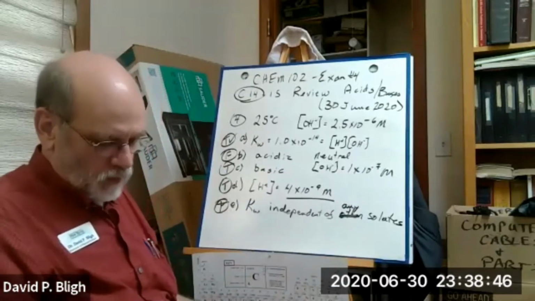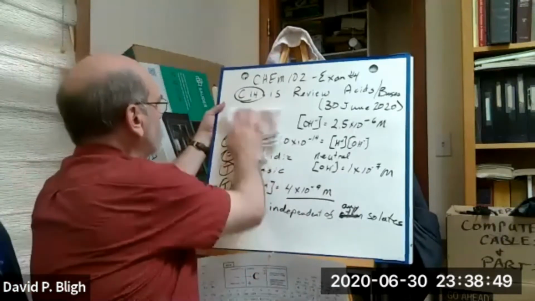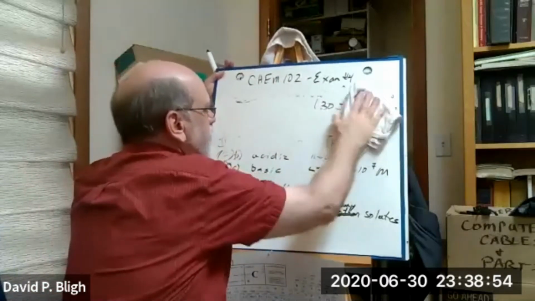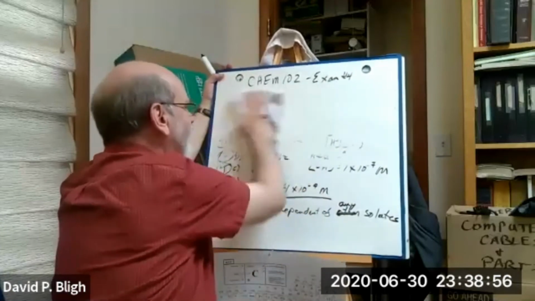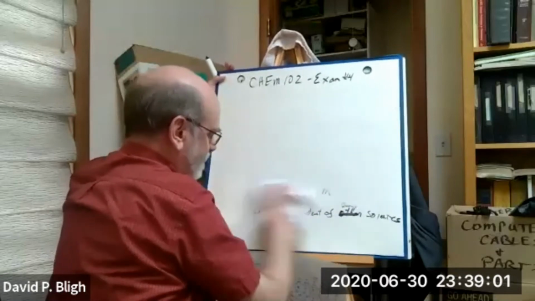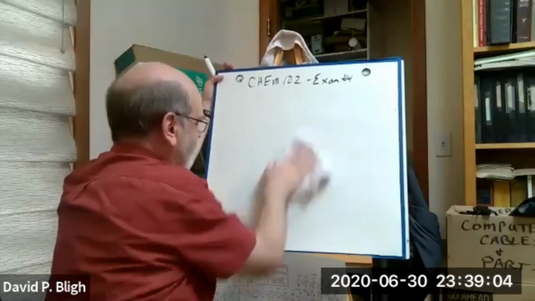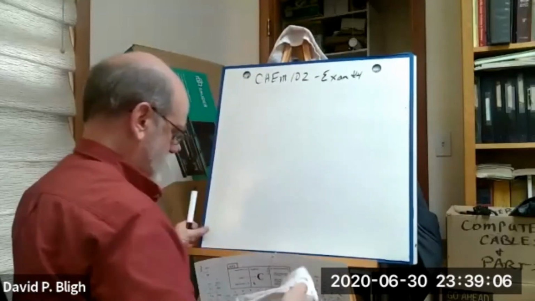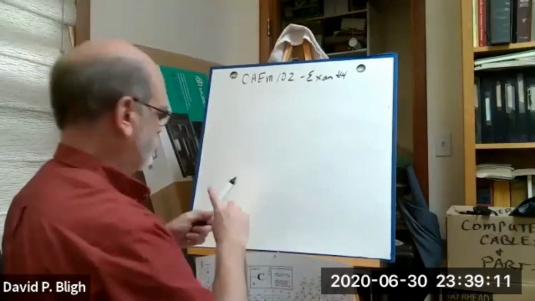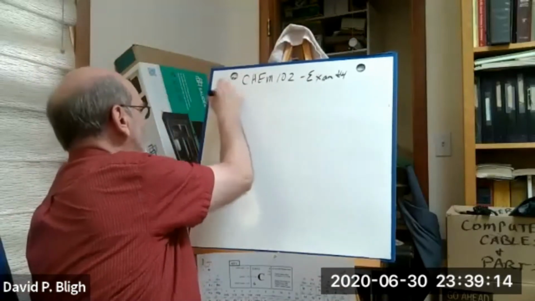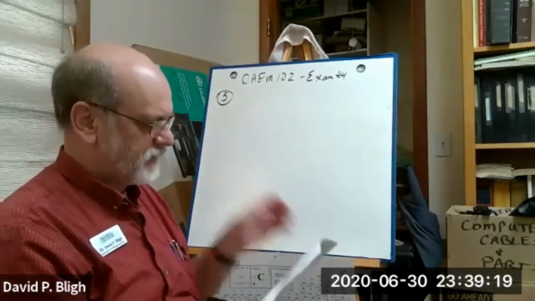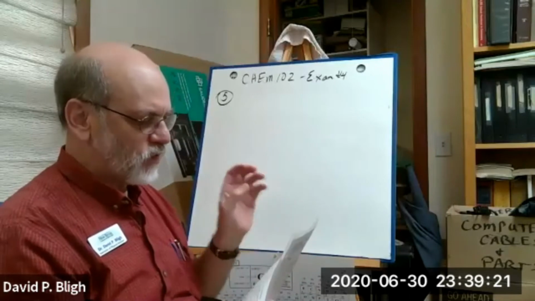All right, that's number 4. And moving on, number 5. Let's see, I'm going to erase some of this in case I need the space. There we go. 5. All right. HA and HB are both weak acids in water.